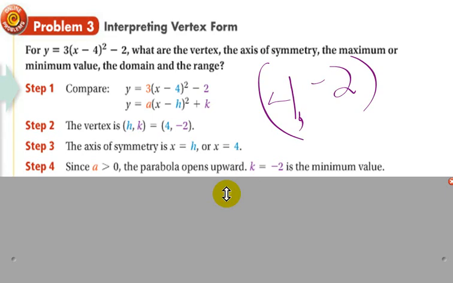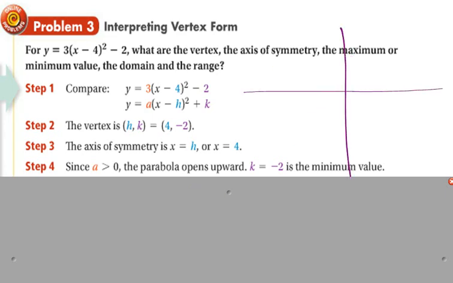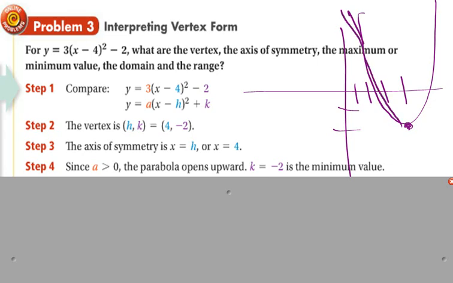Okay? Any questions? Okay, now let's talk about the domain and range. So we know that the vertex was at 4, negative 2, let's do it right this time, and it opens upwards. On any parabola, whether it's right side up or opening downwards or opening upwards, it's going to grow and continue to grow in the horizontal direction throughout infinity.